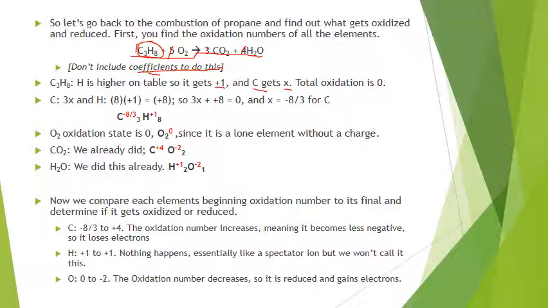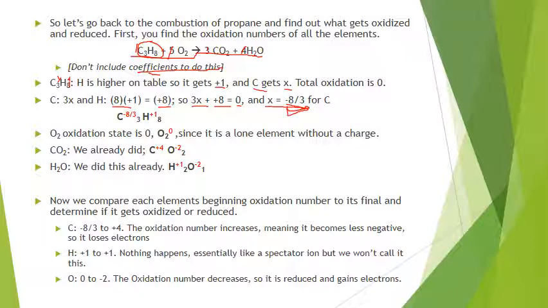So you get 3x plus 8 equals 0. Then you solve for x, and it turns out to be something weird: -8/3. Even though it's weird, it still tells us something, and we're going to use that. So carbon is -8/3, and hydrogen is +1, and there's 8 of them.